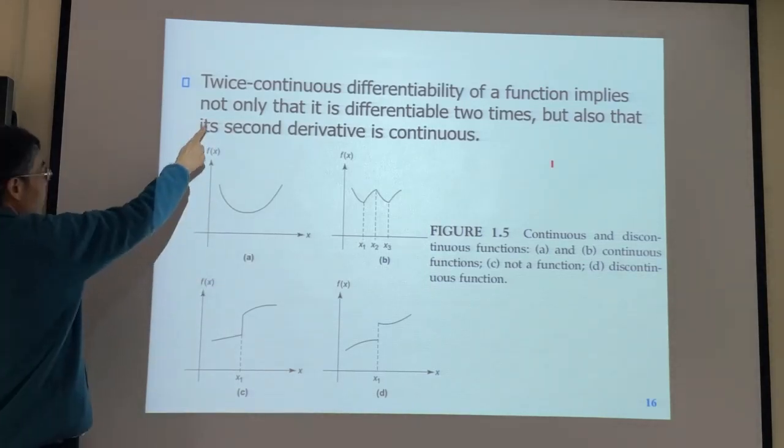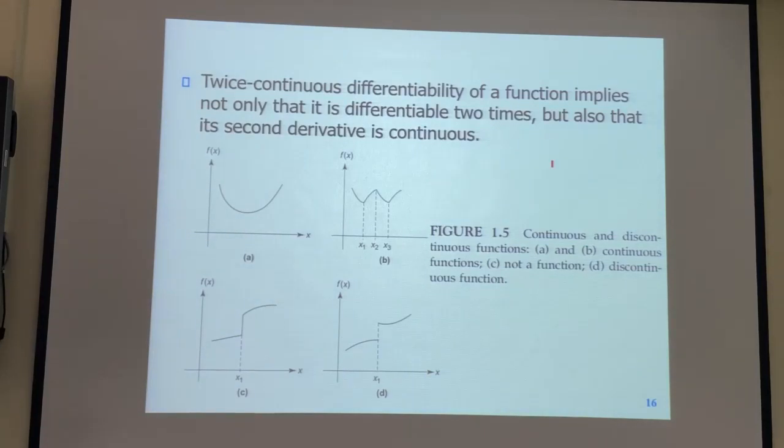What is continuous differentiability of the function? Not only that it is differentiable two times, but also that the second derivative is continuous. Okay, for example, x cubed differentiated once is 3x squared. Then differentiate once more is 6x.